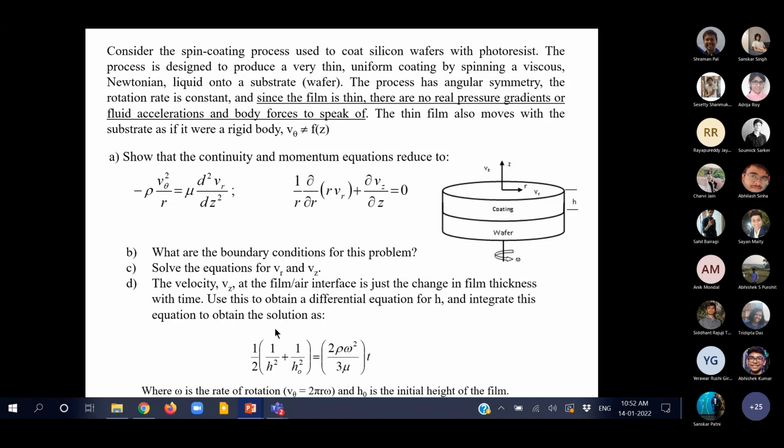So this type of design equation is going to be extremely useful to the practicing engineer, and your job from the transport phenomena point of view is to come to an expression like this.